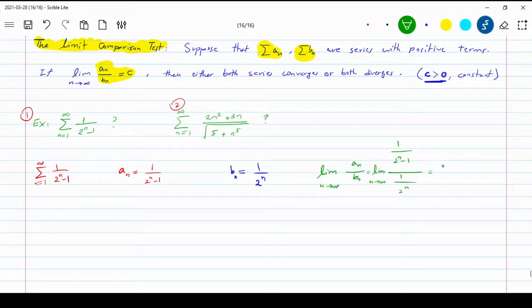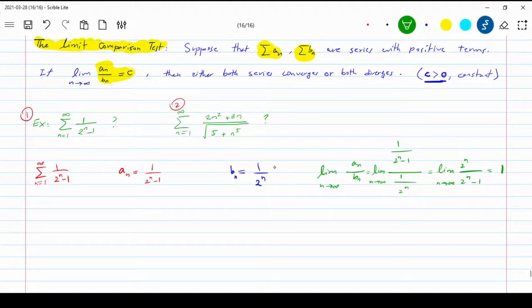And that is simply the limit of 2 to the power n divided by 2 to the power n minus 1 as n approaches infinity. You can simply say, okay, this minus 1 doesn't really matter. You can divide everything by 2 to the power n if you want, it doesn't make any difference. So you would have 1 divided by 1, which simply gives you a constant ratio. So this limit would be simply 1.